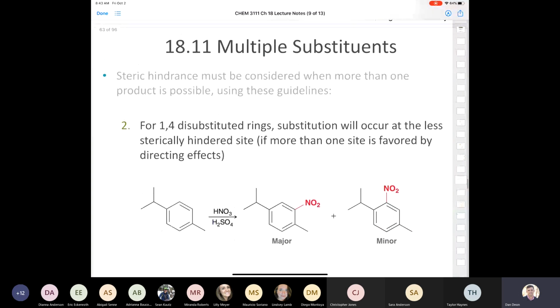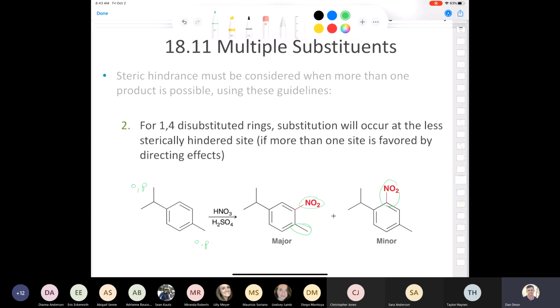Number 2, for 1,4 disubstituted rings, substitution is going to occur at the less sterically hindered site. So if we look at the isopropyl group, we've got an ortho para director here, we've got an ortho para director here. They're both weak activators, so they're going to be in competition with each other. But based on steric hindrance, the nitro group is going to mostly go in this position, which is ortho to this methyl group, which is smaller.